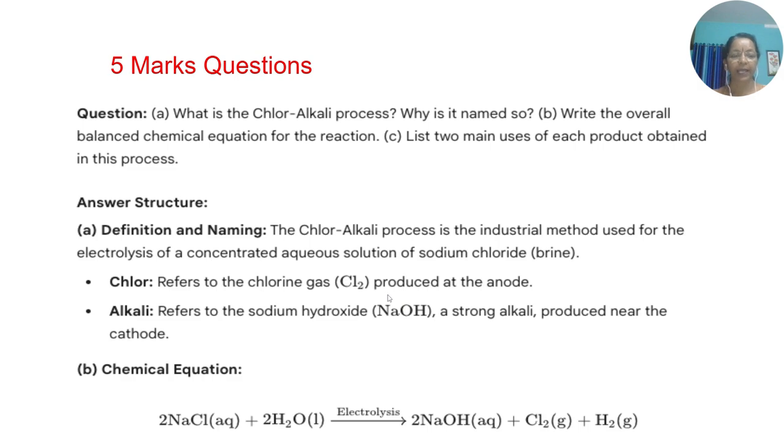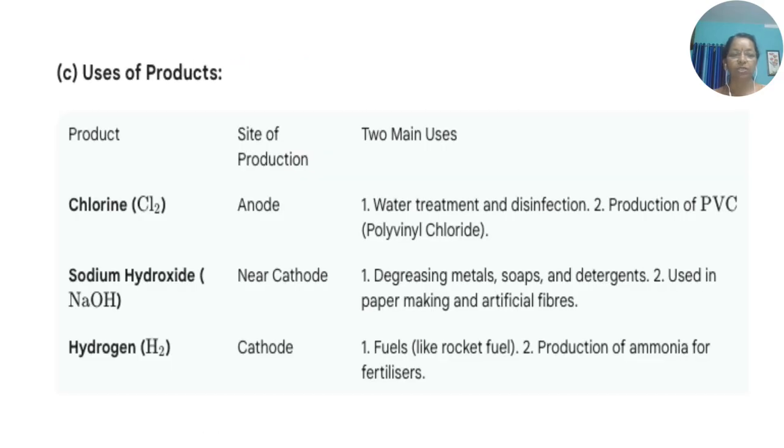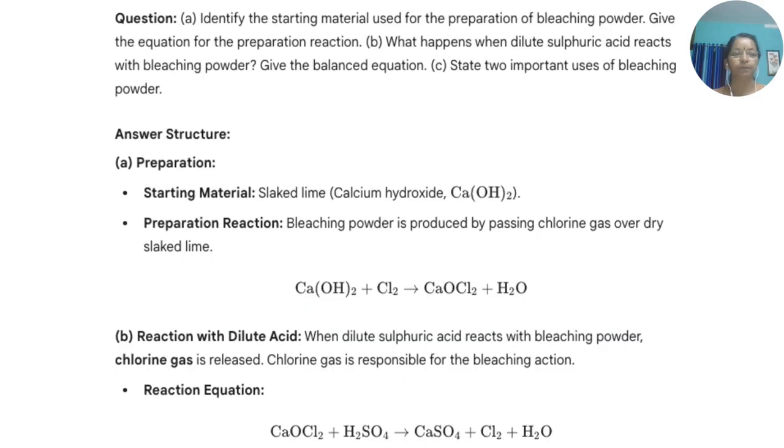We can include the diagram as well. The balanced equation is also given here, and it is good to draw the picture also. The uses of the products, chlorine, sodium hydroxide and hydrogen, are given here. The uses of all 3 products are given. This is the way to give the answer properly.